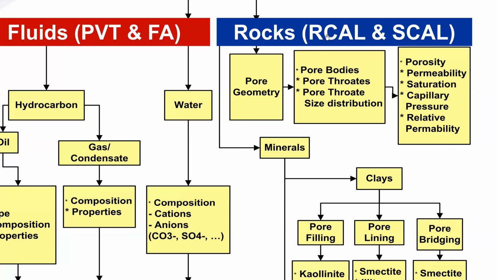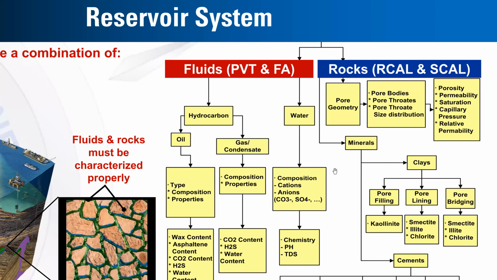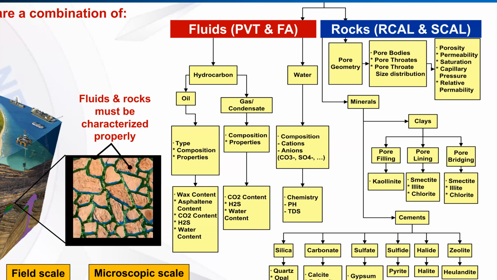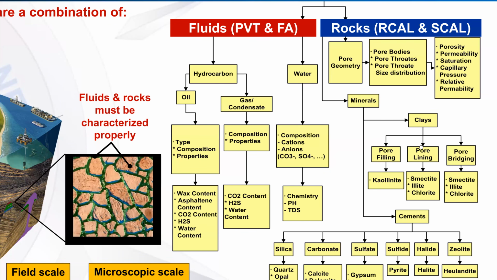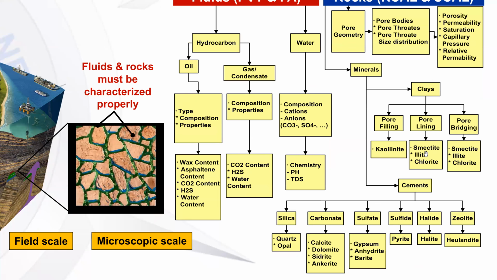Also, the mineral composition of the reservoir rocks is very important to identify the types of clay minerals and the importance of the clay minerals and their interactions with the completion and drilling fluids and so on. Also, what's the type of cementing material, carbonates, sulfate, or silica, and so on.